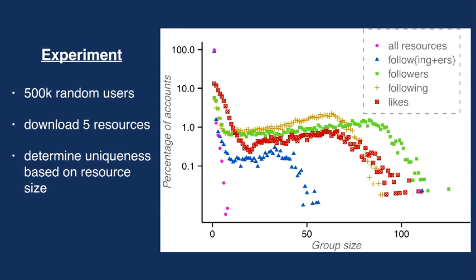For instance, if there's a resource of the size 1, 2, 3, and we find that 3 users have this resource size, then the group size is 3. I think the most important one is that by collecting all 5 resources, the group size is virtually, for most of them, 1.